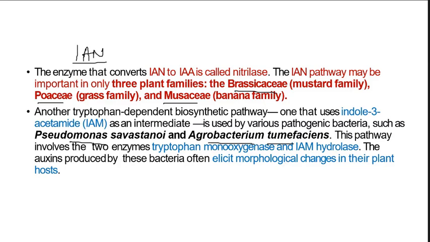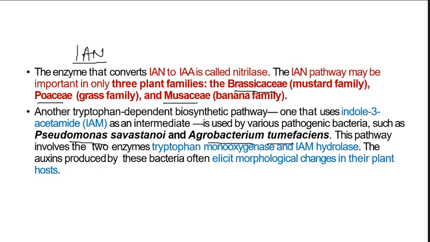Okay, another pathway, the IAN pathway, the indole acetonitrile pathway. The first product which is formed is indole-3-acetaldoxime. Remember this. It will produce one product, and through the nitrilase enzyme, since N is there, this will form IAA.